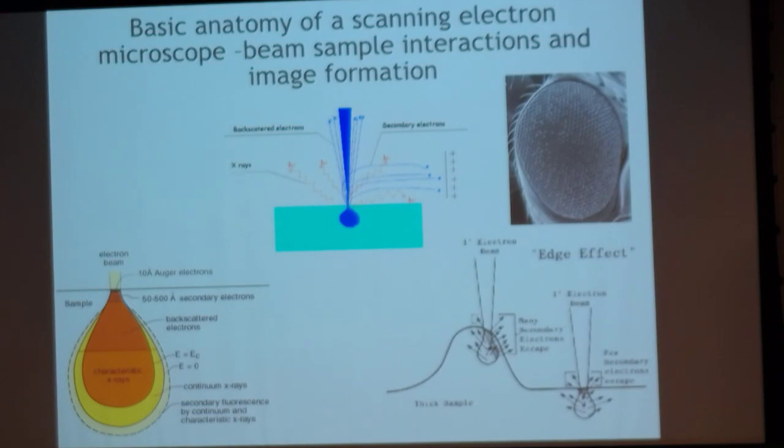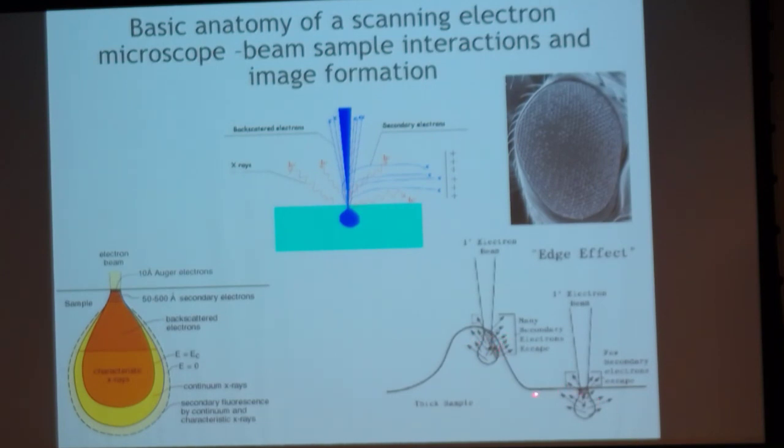One of the things is that because of the way the electron penetrates into whatever you're looking at, there are different behaviors of what you get, and you can detect it in different ways. So if you have a hill over here and the electron is hitting somewhere on an edge, then you get more secondary electrons coming out from it.